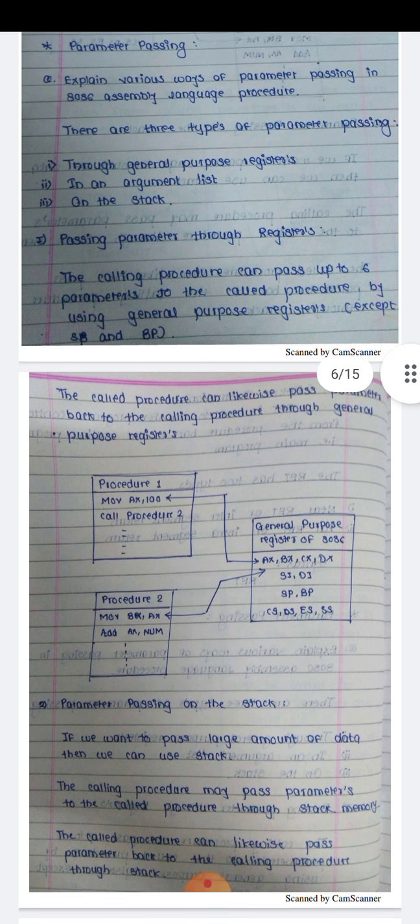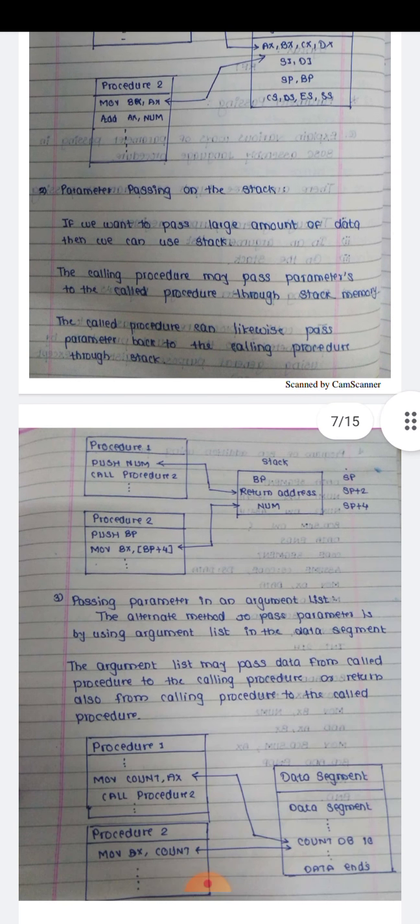Then parameter passing using the stack is also shown in your notes. In that, see the procedure, the push number program is written, then we have called procedure 2. Then the parameter is passed to the stack, and from the stack again it is passed to the procedure, which is called passing parameters through the stack, in which we are incrementing the stack pointer.